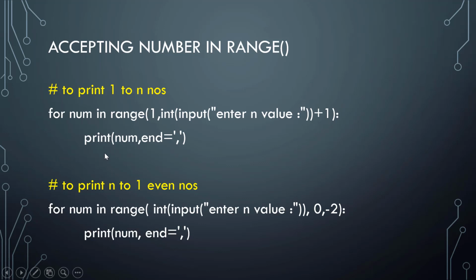It's a range now. From range it is generating numbers from 1 to n, and from range we are storing them to the num variable. Got it?